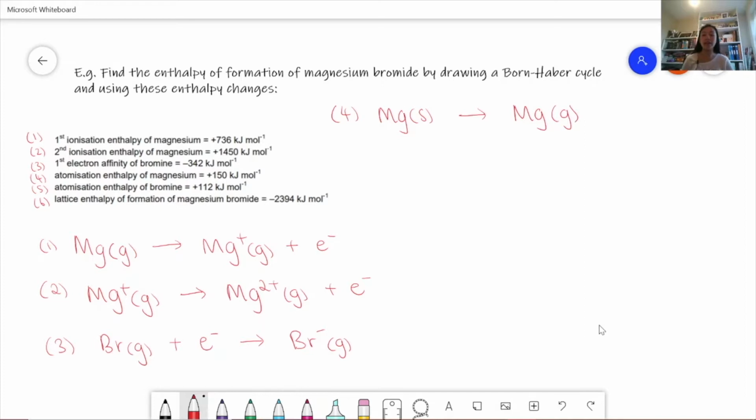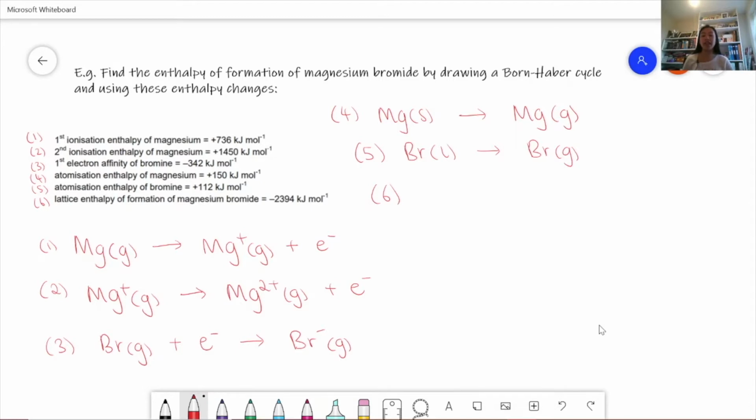And then it's a similar thing for number 5. So we have bromine, and that's normally a liquid, and this will go to form bromine, which is a gas, and 1 mole of it.